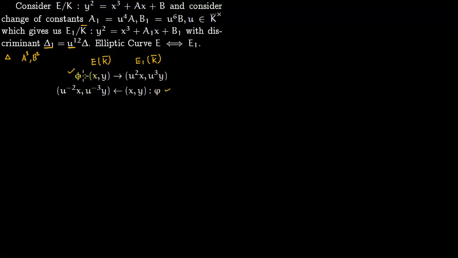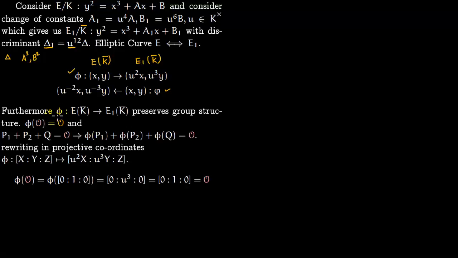Now this morphism not only preserves the points, it also preserves the group structure. So this map phi from E to E1 preserves the group structure. So we have to show that phi preserves the special point O, and it also preserves the group structure. So if P1, P2 and Q lie on a straight line, then phi of P1, phi of P2 and phi of Q also lie on a straight line.